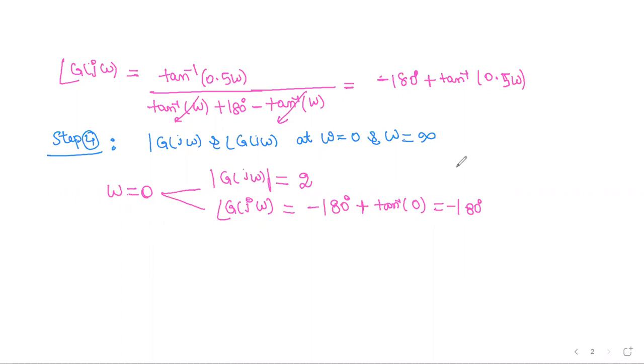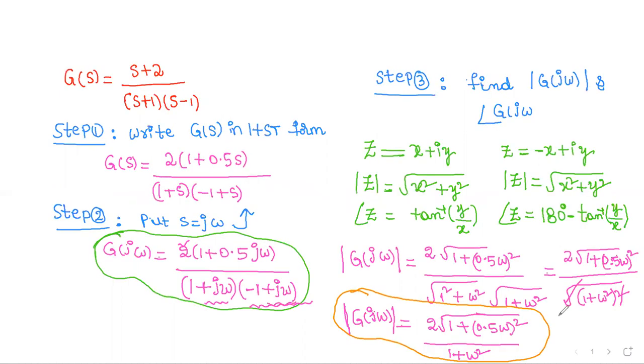So if omega equal to 0, combining the magnitude and the phase angle, the magnitude value is 2 and the phase angle is minus 180 degrees. Like this, we need to calculate for omega equal to infinite. What is the magnitude value?